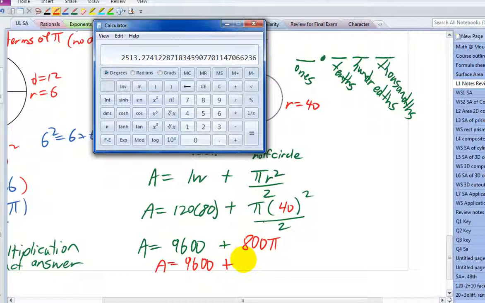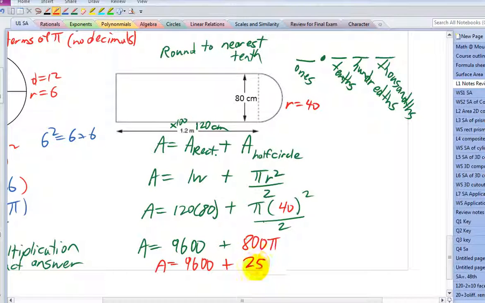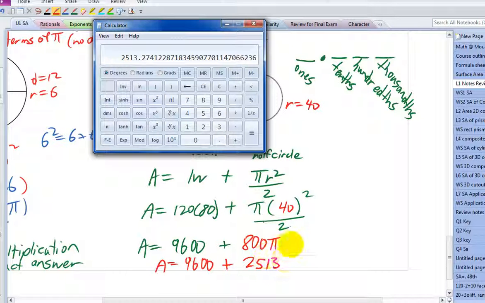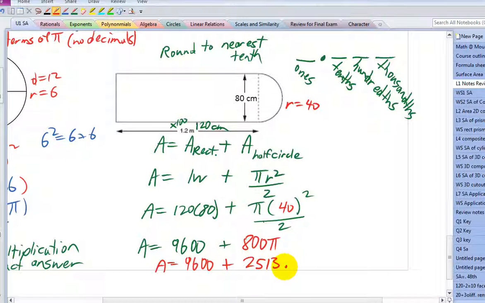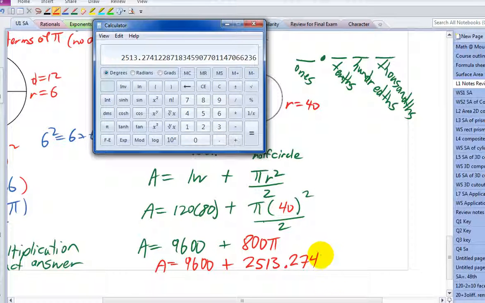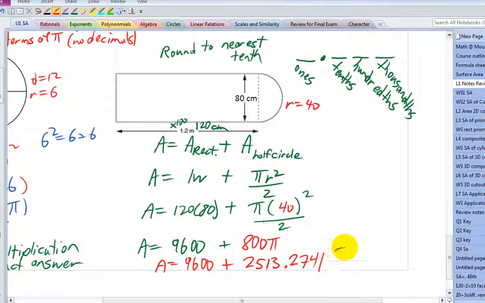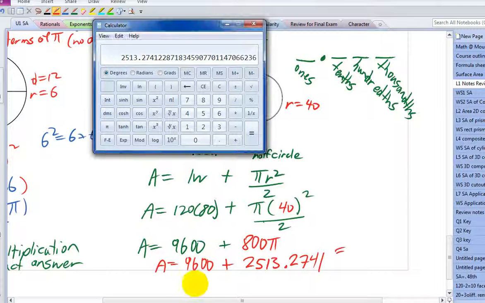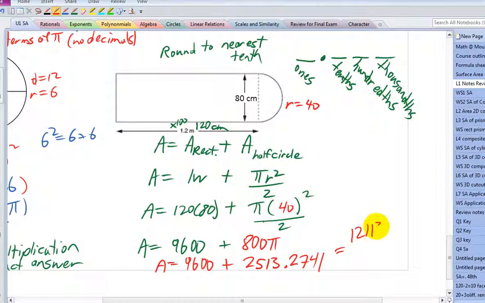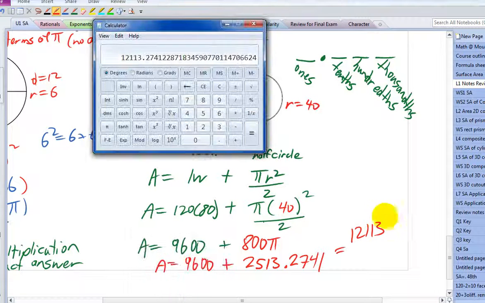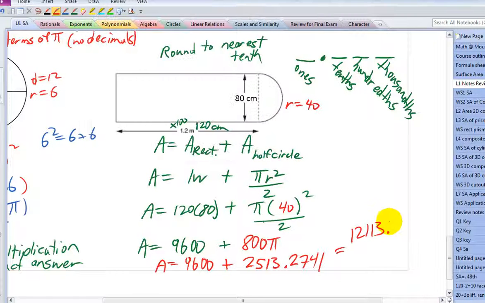Let's just write down 4 decimals, but we don't want to change that on our calculator. 2741. So we keep the number on a calculator, don't clear it, then just add the 9600. Now you can round. So 12113.2741.